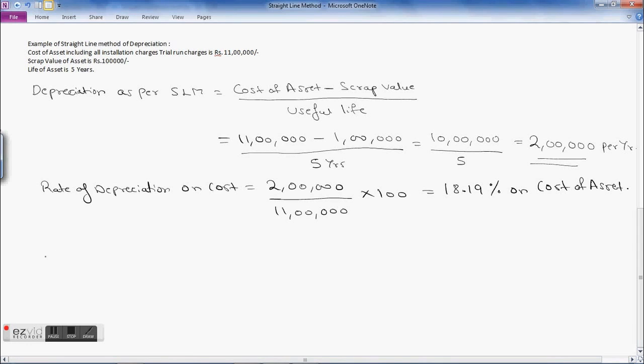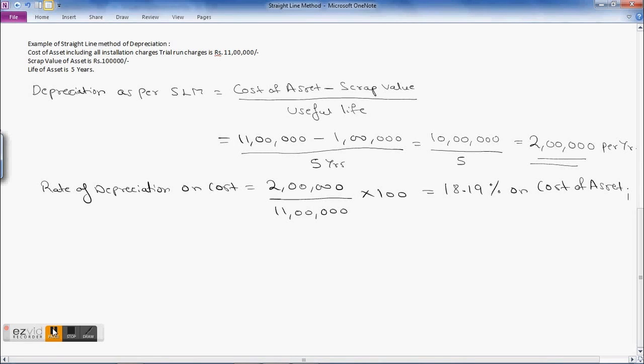So this is how we calculate depreciation as per the straight line method. This is also known as the fixed installment method, because a fixed amount of depreciation is charged to an asset every year. Now the assumption we are making in this is that a particular asset generates equal utility during its lifetime.